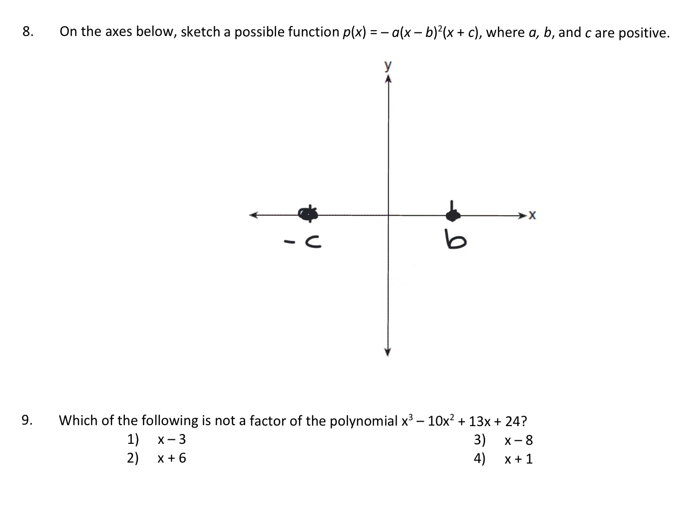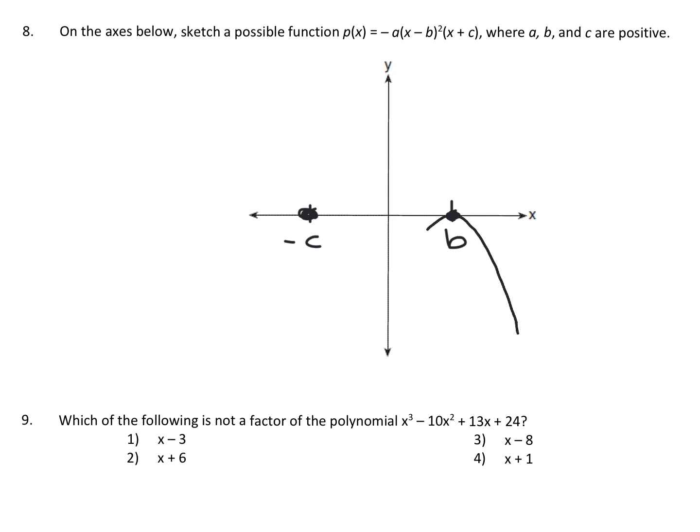Now, since our leading coefficient is negative, what it means is it's going to end off coming down. So if it's going to end off coming down, right, and it has to bounce off the x-axis at b, I'm basically going to draw a graph. I'm going to work from right to left. that looks like this, okay?